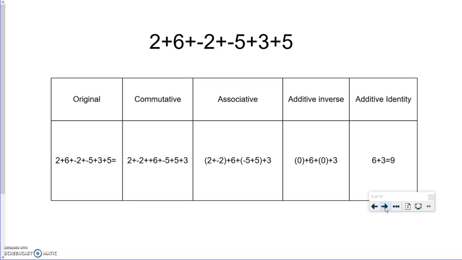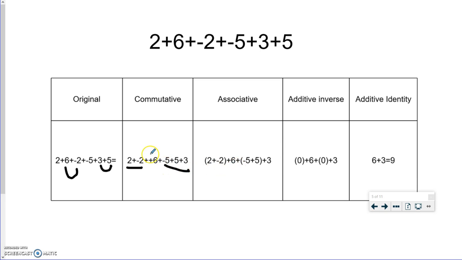So how can this help us solve much longer equations? Well, here we start with our original: 2 plus 6 plus negative 2 plus negative 5 plus 3 plus 5. If I use the commutative property, I can switch this 6 and this negative 2, and I can also switch this 3 and this 5. When I do this, I put my 2 and my negative 2 together, and my negative 5 and my 5 together.